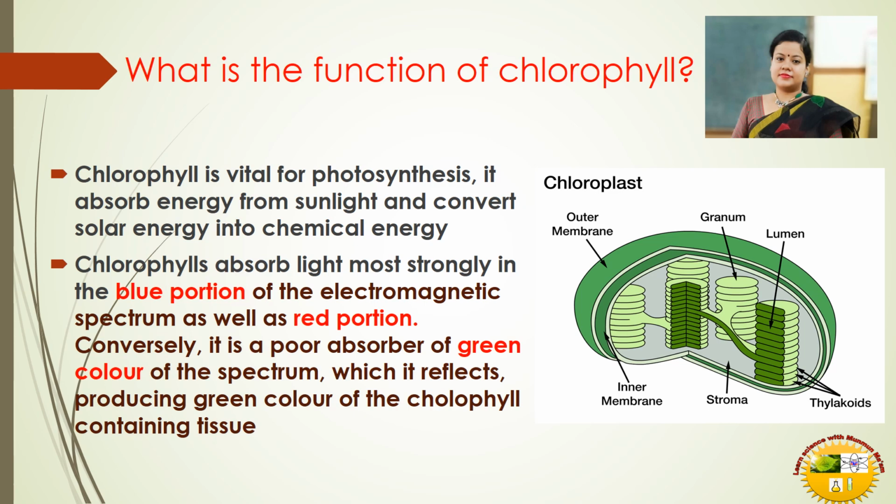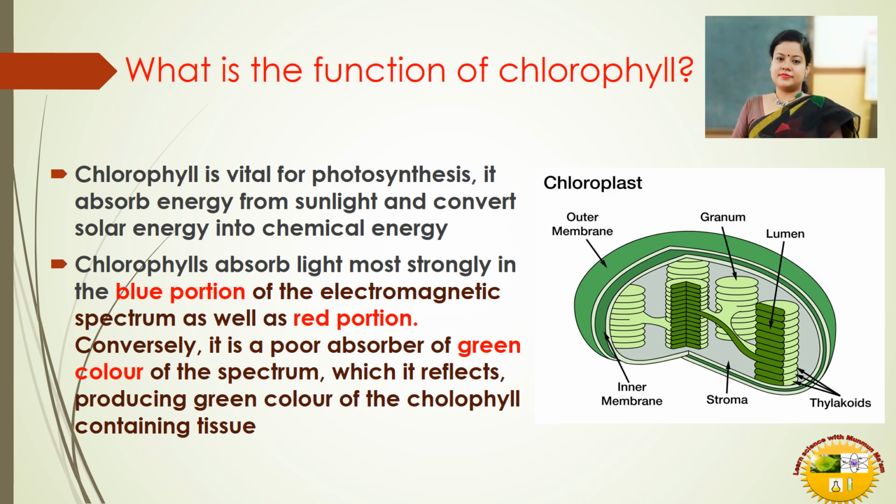Now chlorophylls absorb light most strongly in the blue portion of the electromagnetic spectrum as well as the red portion. Conversely, it is a poor absorber of green color of the spectrum, which it reflects, producing the green color of the chlorophyll containing tissue.